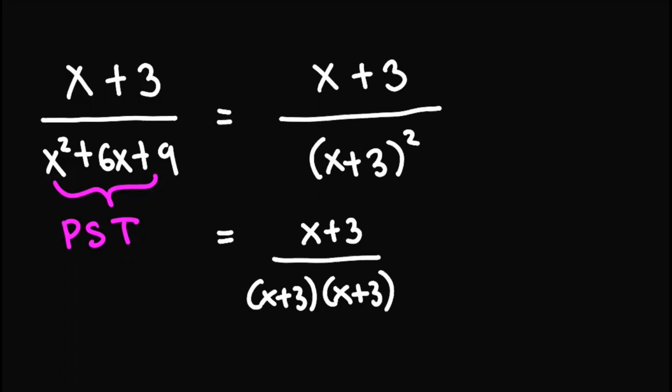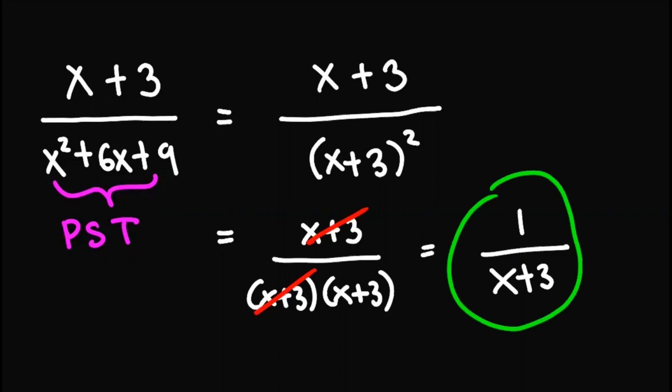Then, we can cancel out the x plus 3, leaving us with 1 over x plus 3. And this one is the final answer for this problem. So in this problem, we applied the perfect square trinomial.